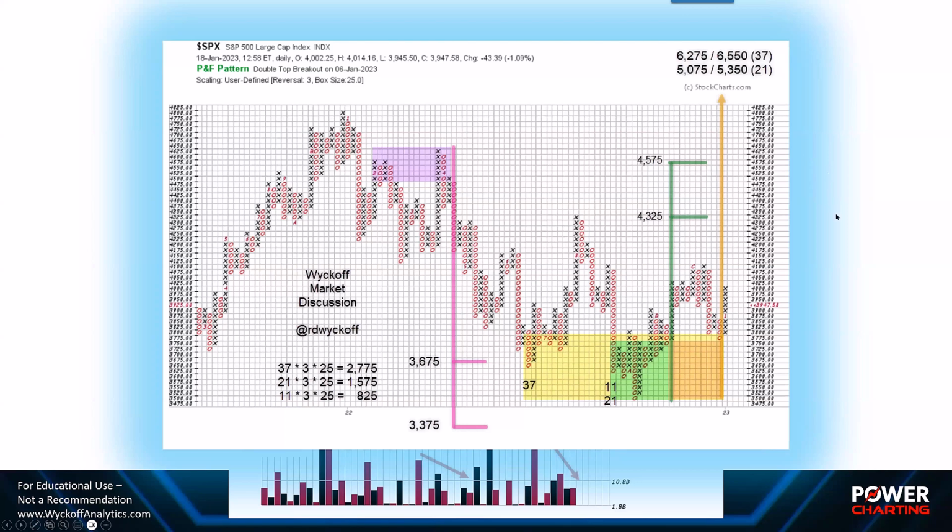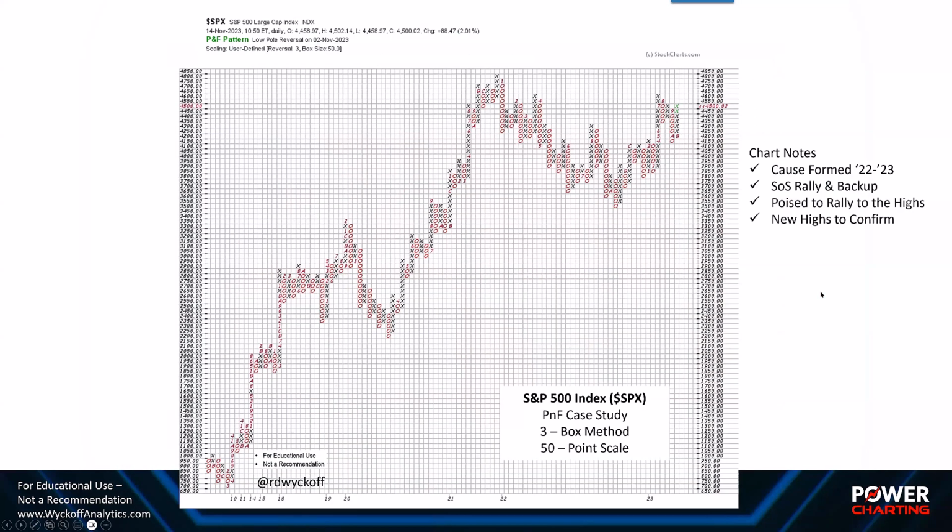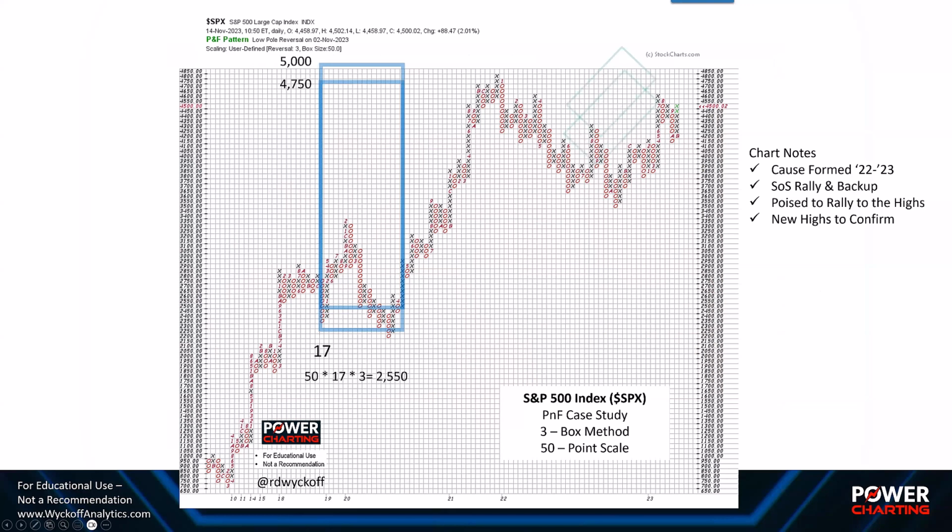And so here is another chart. This is the 1920 reaccumulation, and look at how beautifully it struck the highs here. But here is really more of what I'm interested in looking at. This is what we just looked at, but a cleaner picture that I just recently made, 3-box reversal, 50-point scale.